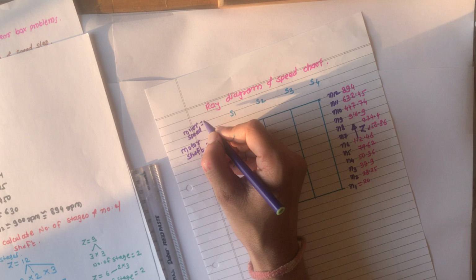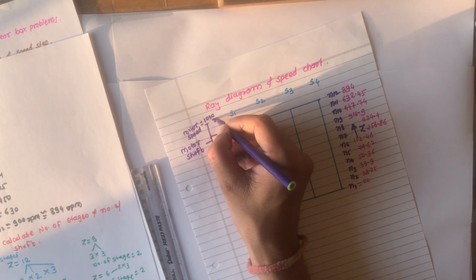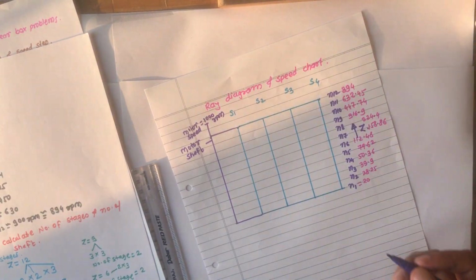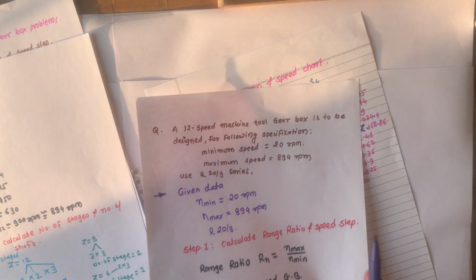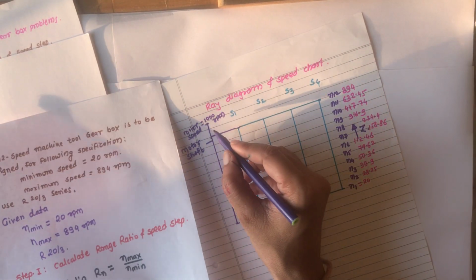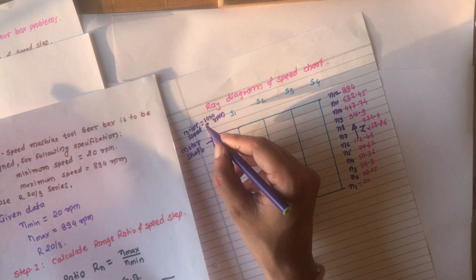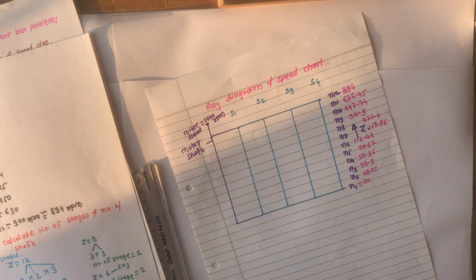Now consider in this case motor speed is around 1000 rpm. In the problem motor speed is not given. In some problem they will give a motor speed, at that time you have to take the motor speed. So 894, so 1000 will be above this speed, so we will take that as the motor speed.